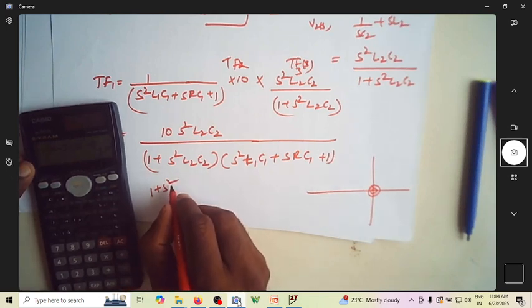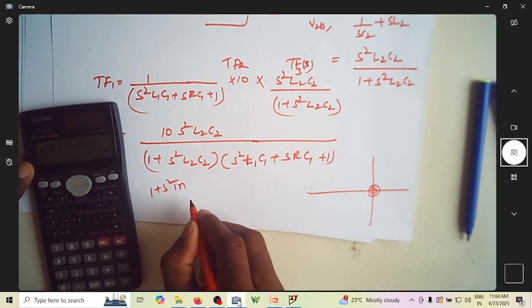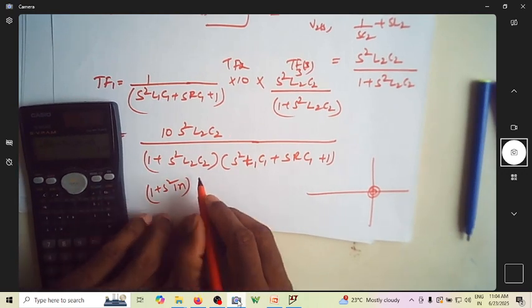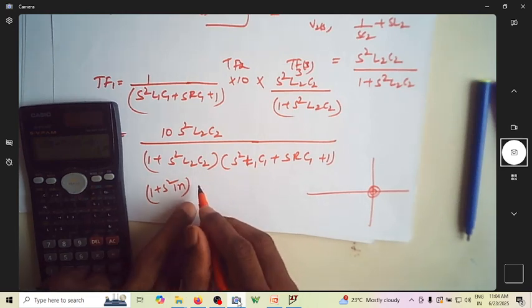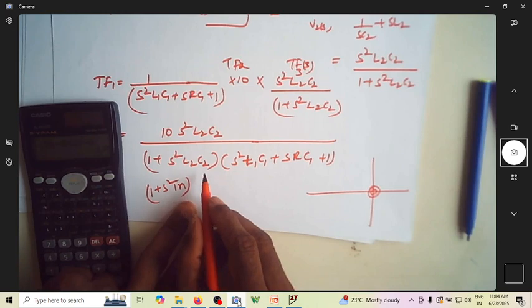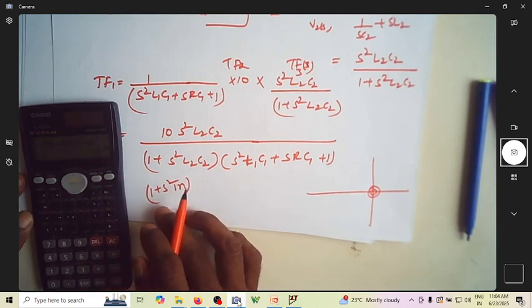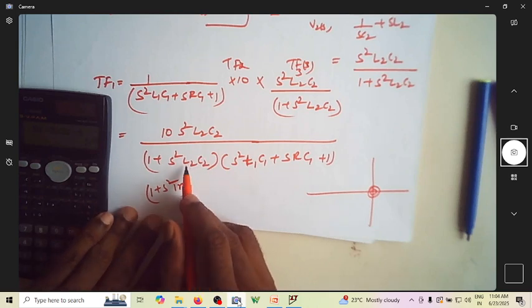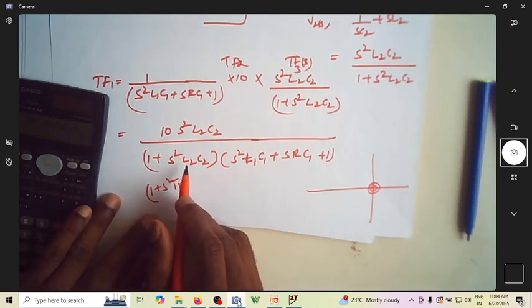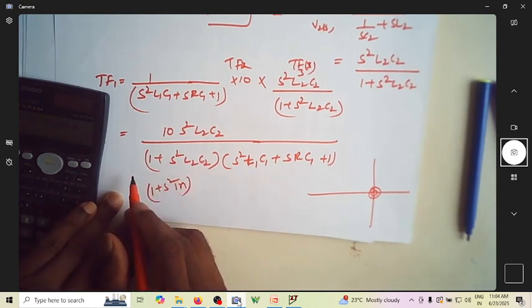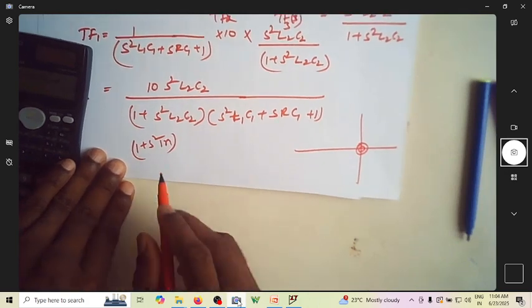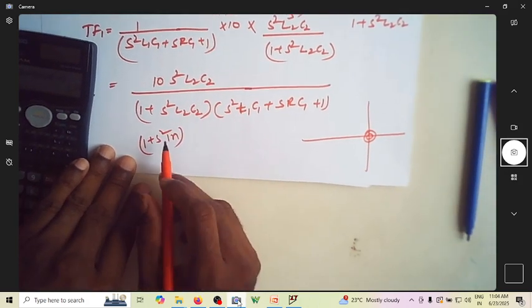It is actually LC is 1 nano. This is 1 nano, and I can take out this L2 C2 outside, or it will be the same.